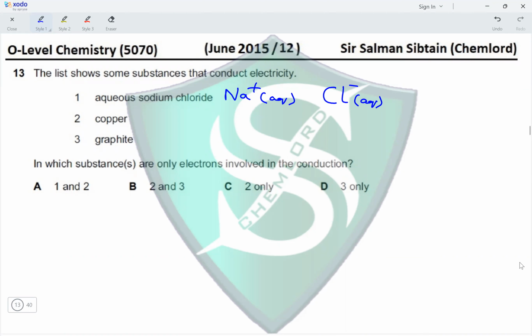So instead of electrons, we've got ions conducting electricity. In copper, we've got movement of electrons. In graphite, we've got movement of electrons. So according to this question, out of the list, substances 2 and 3 are the ones that have only electrons involved in conduction, making option B the correct option for this question.